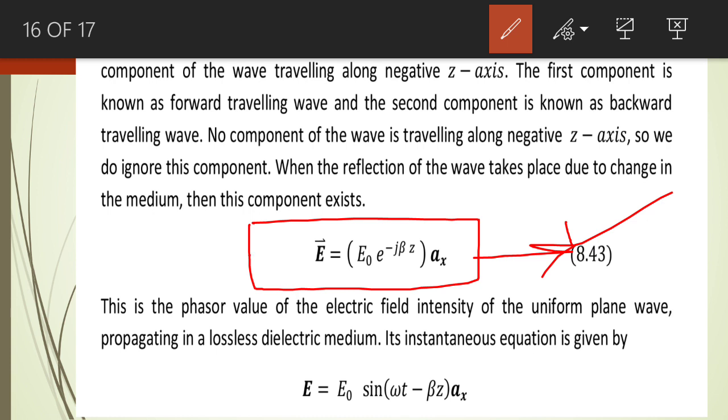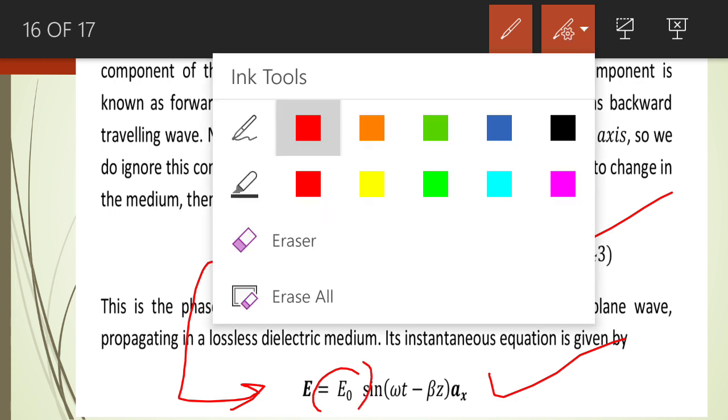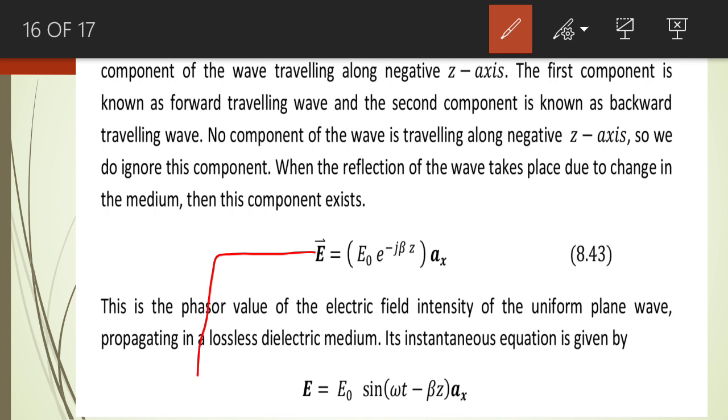And we can write down the same equation in instantaneous form. In instantaneous form, the electric field intensity will be equal to E naught, where E naught is the amplitude of this field, into sine of omega t minus kz. So please, you will have to replace this beta by k.